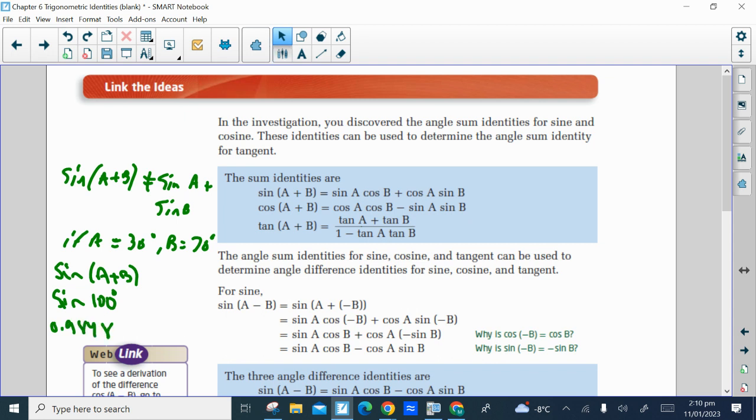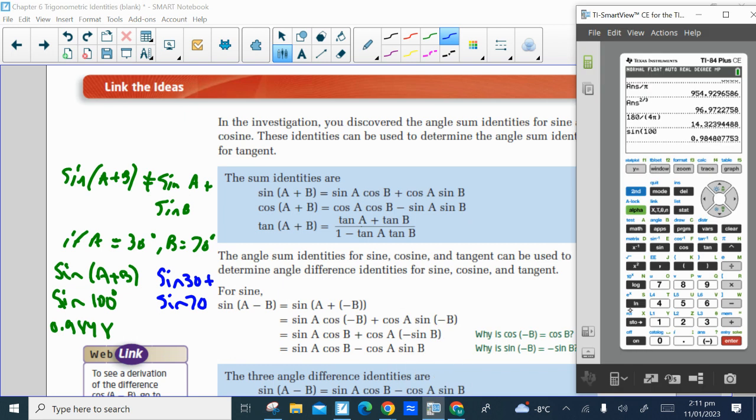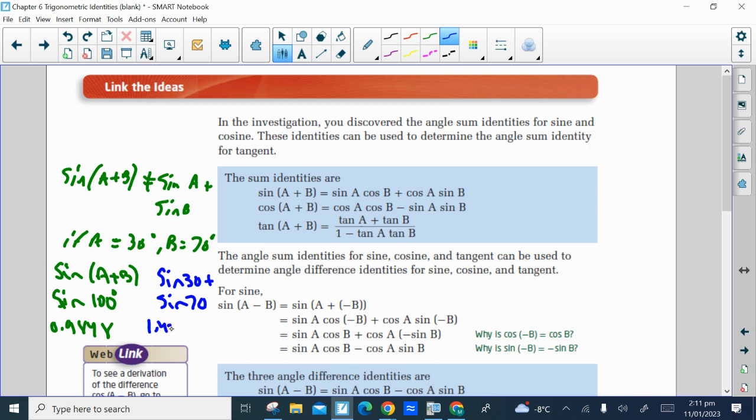If you do it the other way, meaning sine of 30 plus sine of 70, you don't get the same thing. You get 1.439997, excuse me. So again, this just shows that the sine of a plus b does not equal sine a plus sine b.